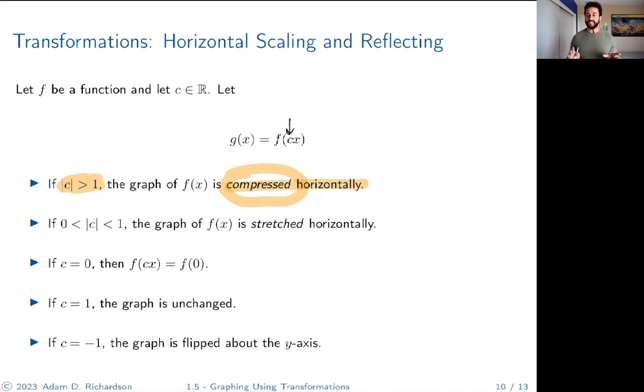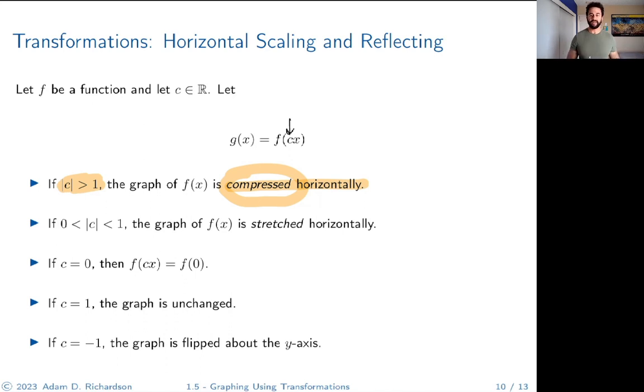The reason is actually easier to see, I feel like, with the sine graphs. But if I multiply by a number whose size is bigger than 1, then it's kind of like I'm going through the inputs faster than normal time. That's the way I like to think about it. So if c is 2, what I'm saying is go through the inputs twice as fast as before.